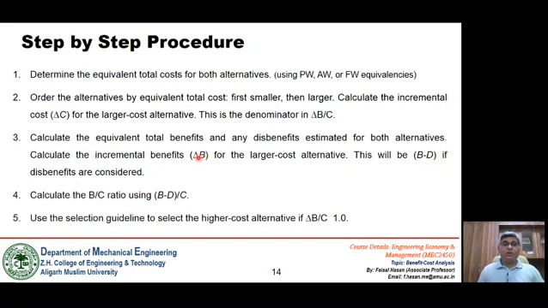If we take the disbenefits into account, this is written as delta B minus D. The same ratio is computed, that is delta B by C, or with disbenefits, delta B minus D by C. On the basis of the previous guideline, if delta B by C is greater than or equal to 1, then the higher cost alternative will be selected. It will be much clearer if we explain it with the help of an example.